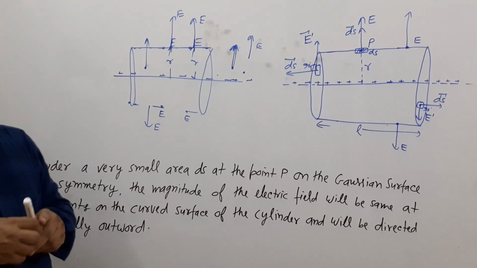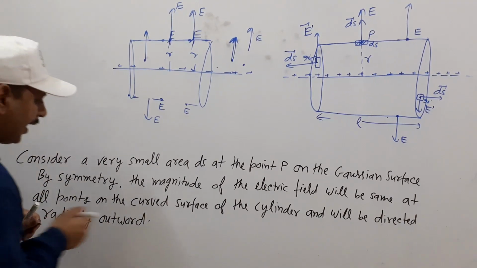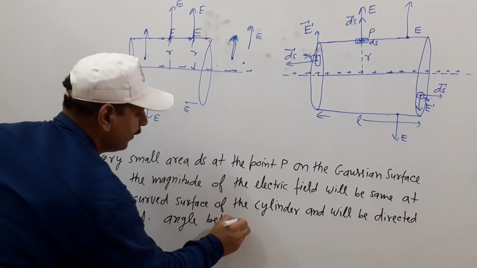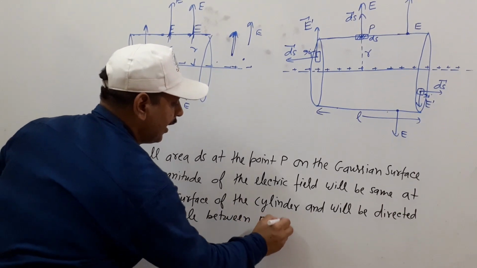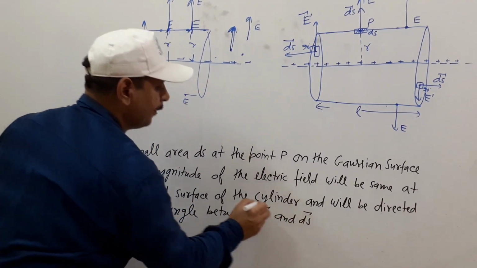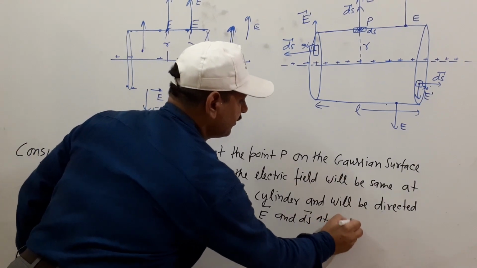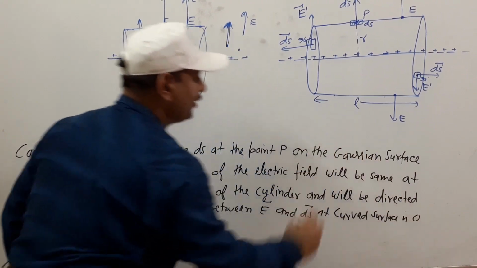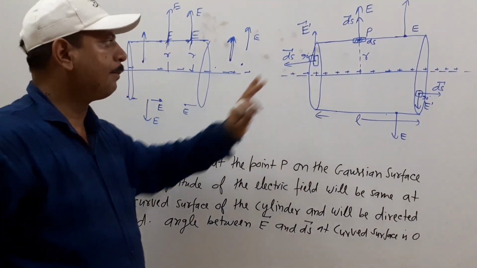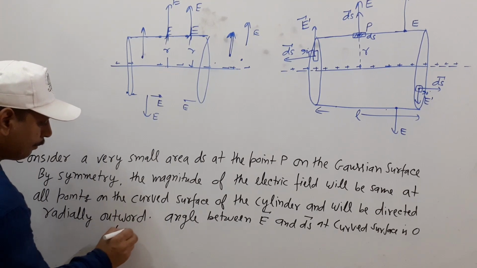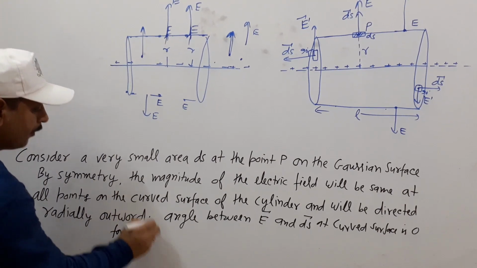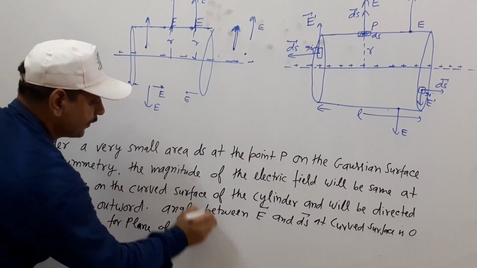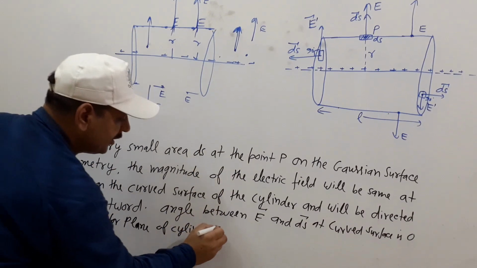The angle between E and ds at the curved surface is how much? 0. For the plane surface of the cylinder, E and ds are perpendicular to each other.